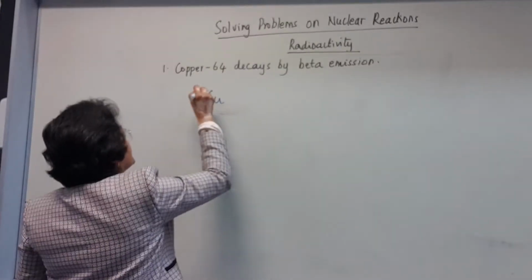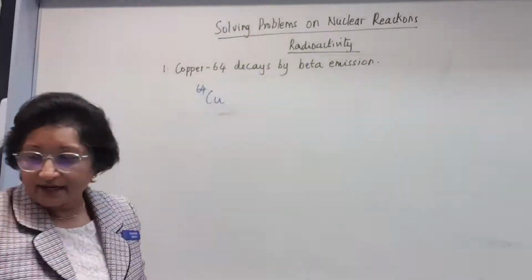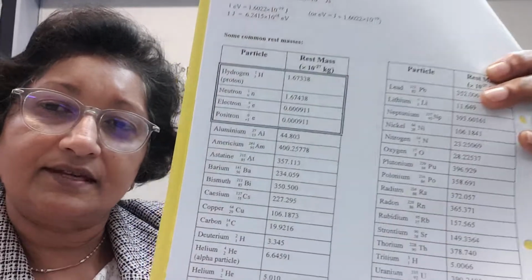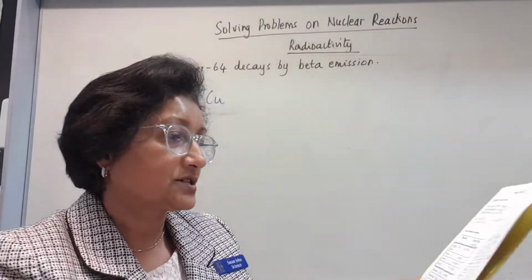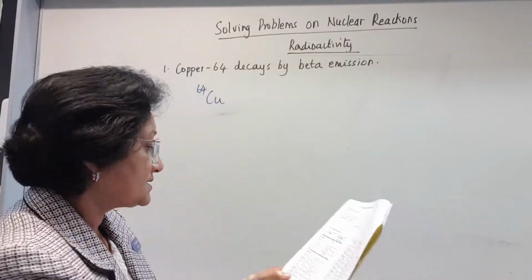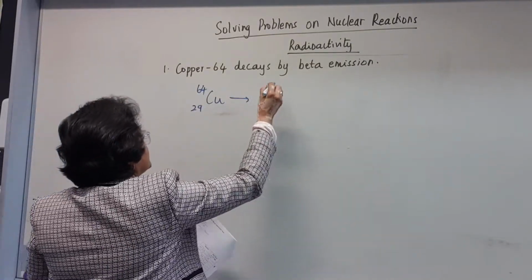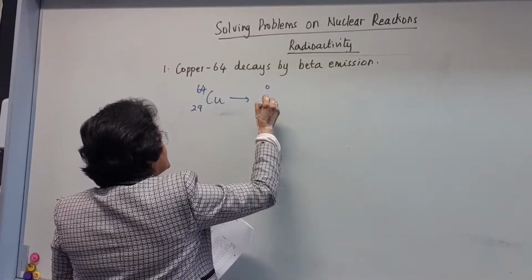So this is how you write the nuclear equation. Copper-64, and I don't have enough details, so I look at this page where the information is given: copper-64, 29, decays by beta emission.